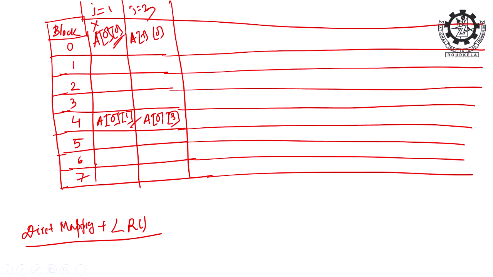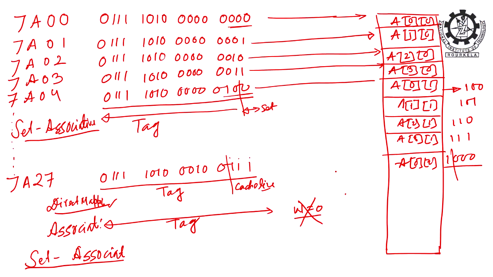So, this is 0 0, this is 0 1, this is 0 2, this is 0 3. So, one row is completed, and in this case there is a miss, this is also a miss because the block is not there, and then you are replacing. So, if you increase this, j equal to 5, again you will replace here, and so on. So, at the last stage of the first loop, what is that?